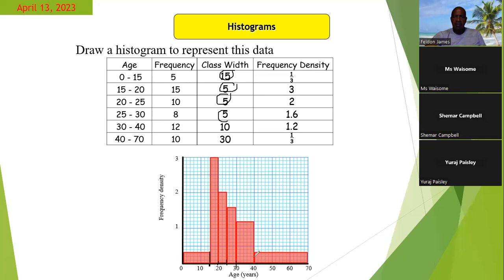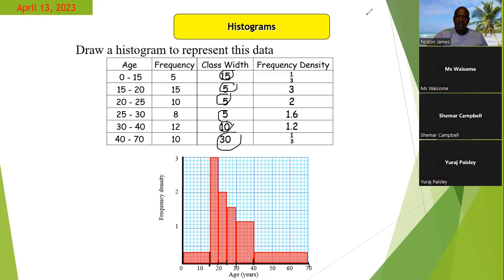Now the width of this bar from 30 to 40 would be 10. And this last bar here, from 40 to 70, the width would be 30. So you notice that all of these bars have different width.